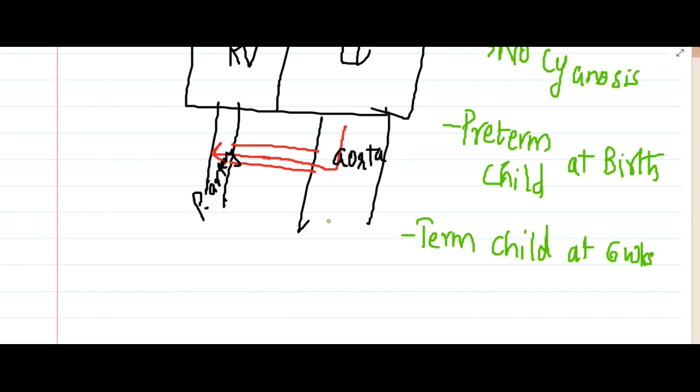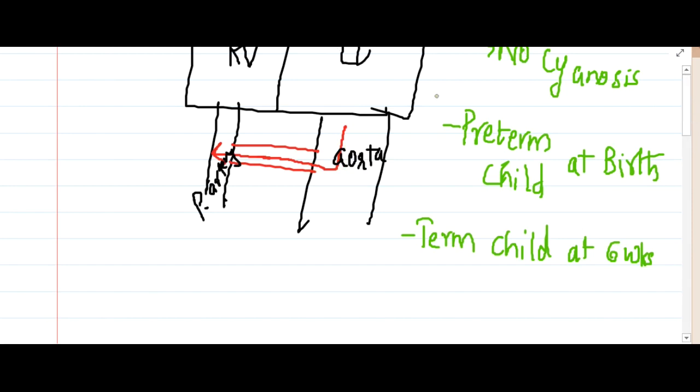Here, whenever there is blood flowing from the aorta to the pulmonary artery, the excess of blood, more than normal, now goes into the lungs.